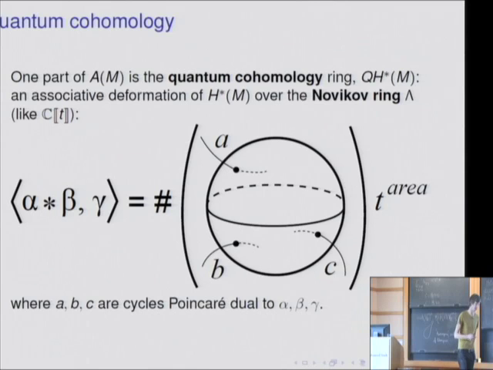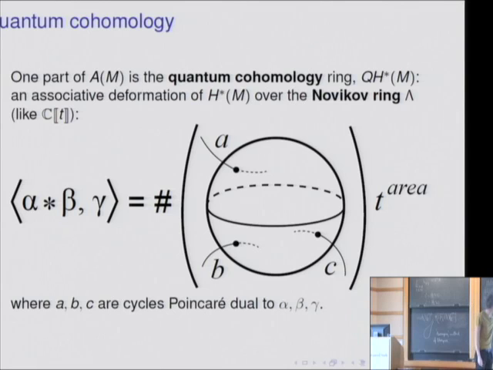One important part of the A model in this case is something called the quantum cohomology ring. This is an associative deformation of the cohomology ring of our manifold over a ring called the Novikov ring, which you can basically think of as a formal power series ring in one variable. And this is the rule, this picture.